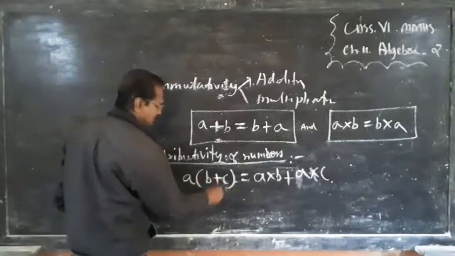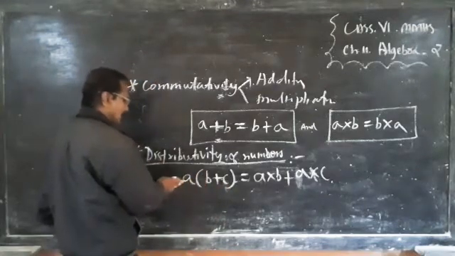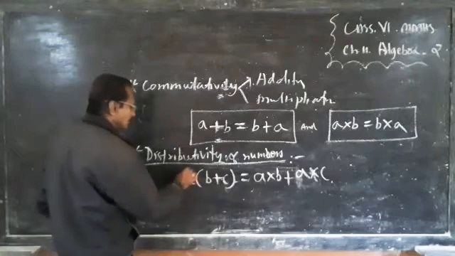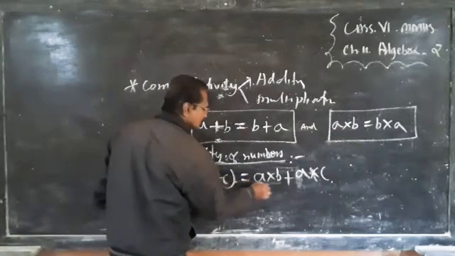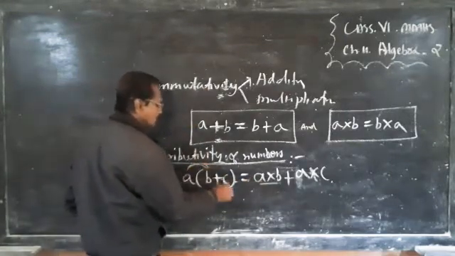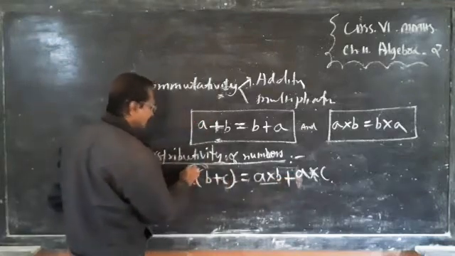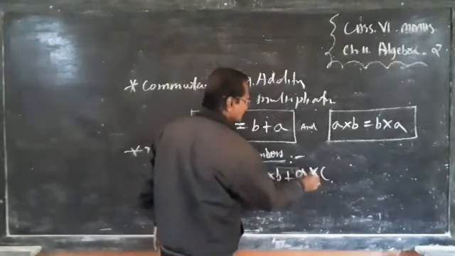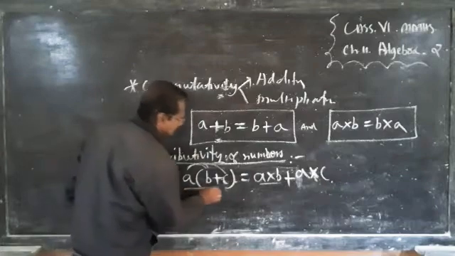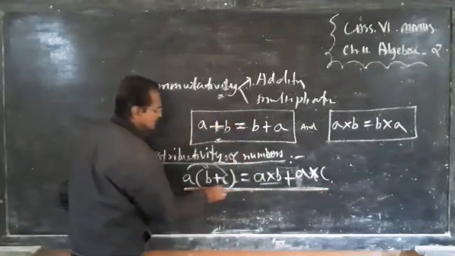A, bracket में b plus c है, two numbers adding होगा, बाहर a. So the distribution: a into b plus a into c. And this is what we call the distributive property or distributive law.